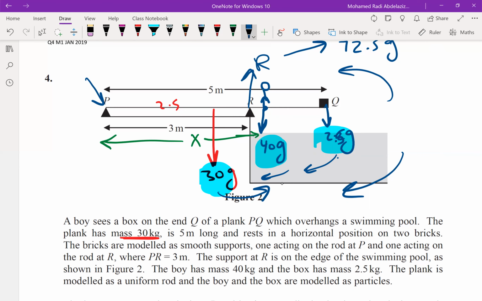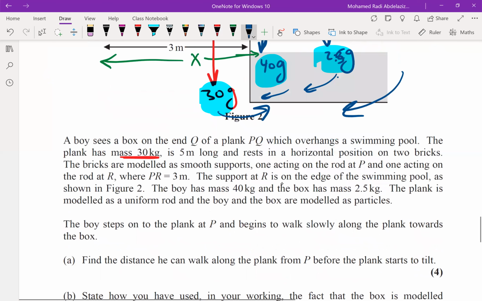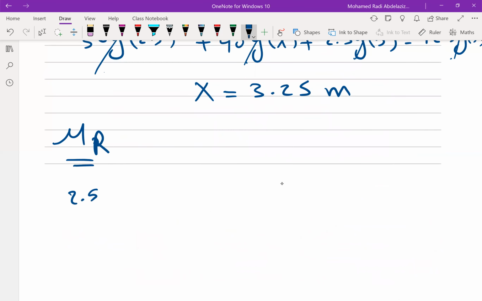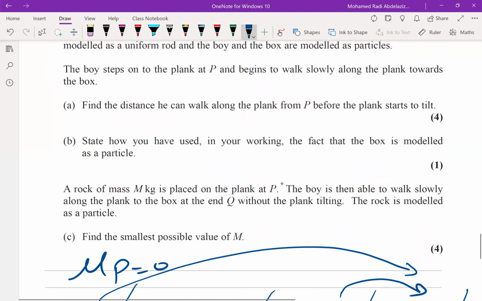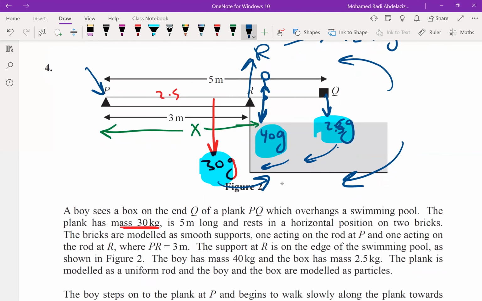So when you apply the moment at R will be 0, 2.5 G multiplied by the distance, which is the remainder from 5 will be 3, sorry, it's 2.